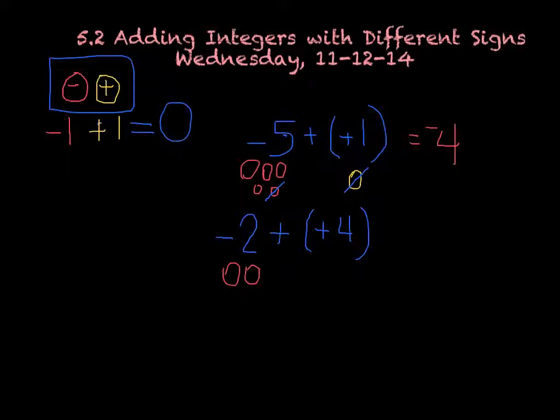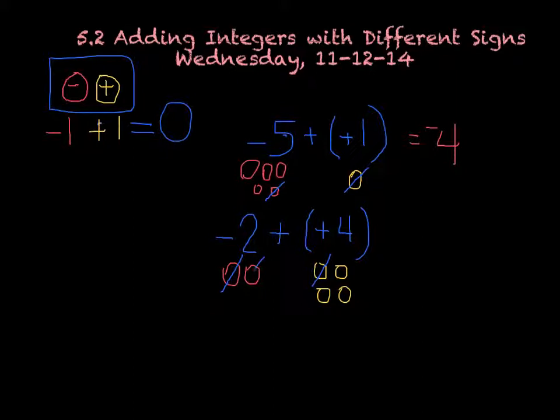And how many positives? 4. 1, 2, 3, 4. And now I'm going to start canceling them out. For every -1 that I have, I just match it up with a +1. And they equal 0. They cancel each other out. That's a 0 pair. So we don't need to look at them anymore.